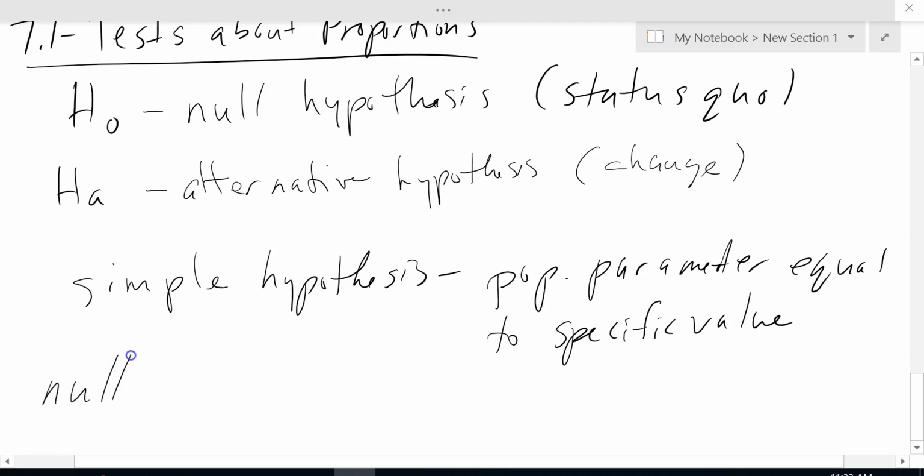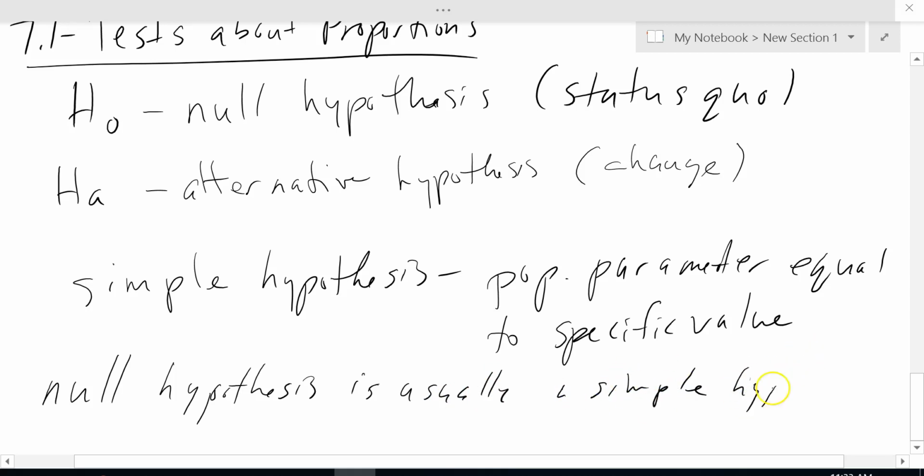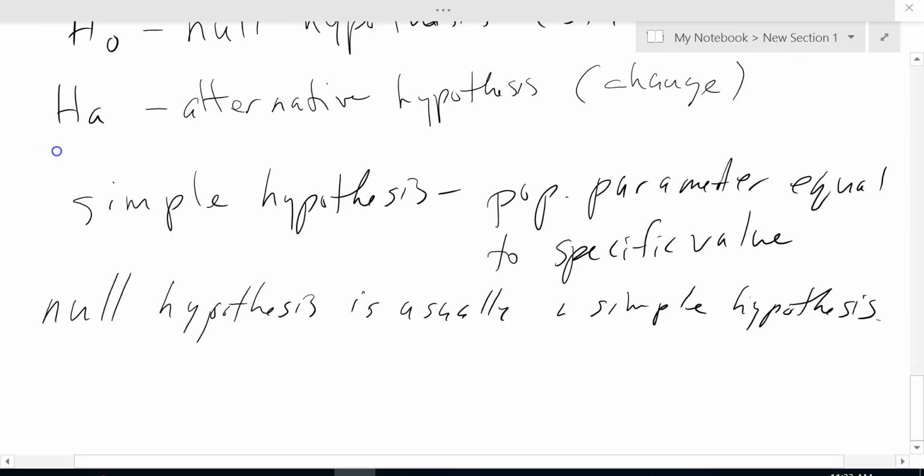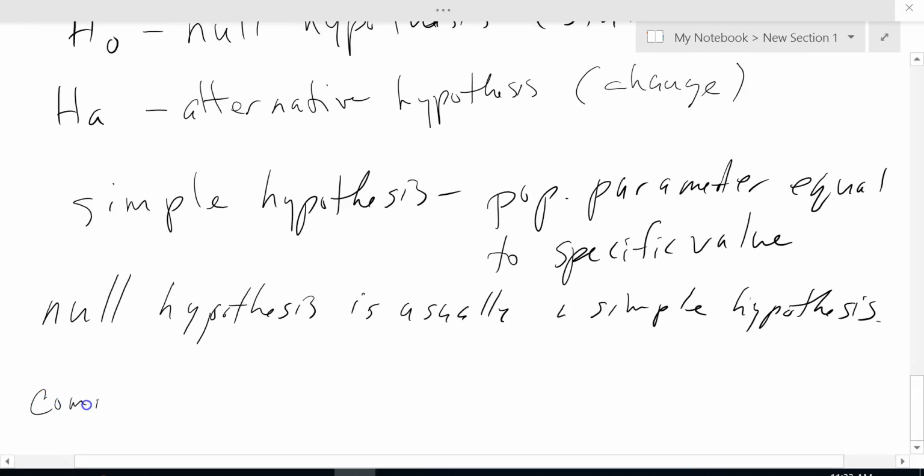Null hypotheses are usually stated this way. The null hypothesis is usually a simple one. So a compound hypothesis is just one that gives you a range of possible parameter values.